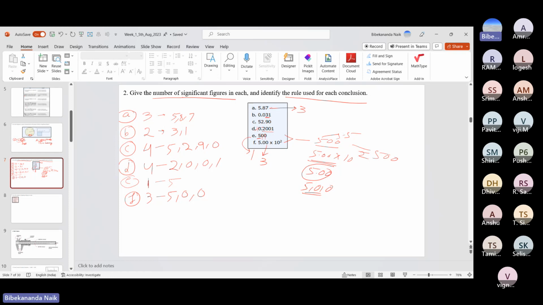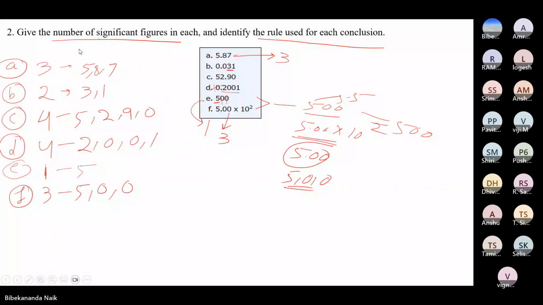So let's discuss it again. Now the problem says give the number of significant figures in each case and identify the rule used for each conclusion. Now in the first case, it is 5.87 and it has no zeros.